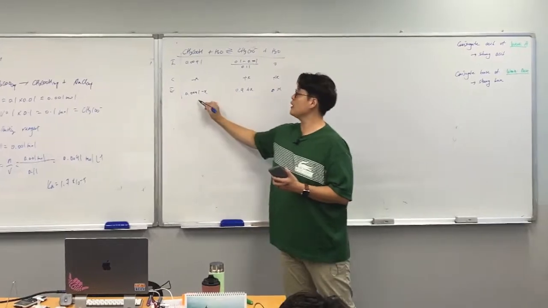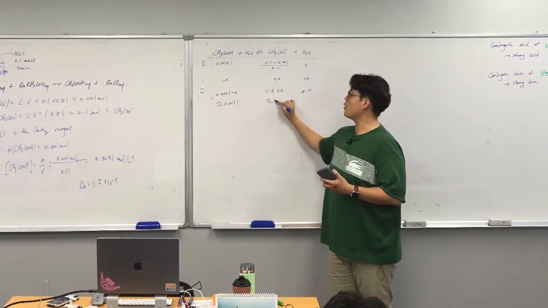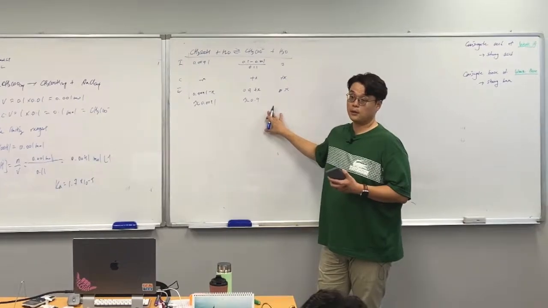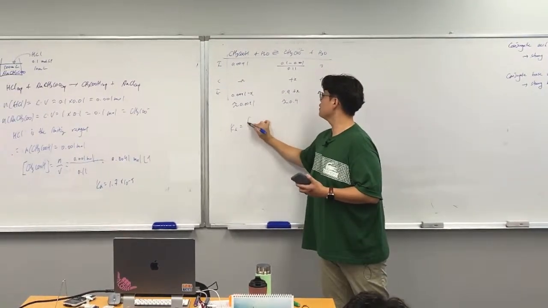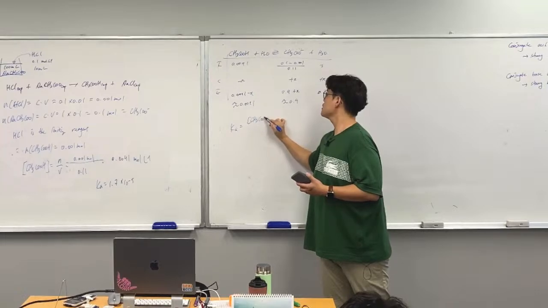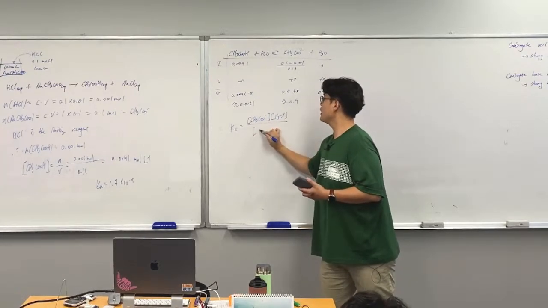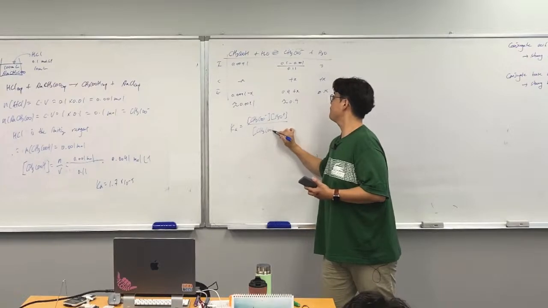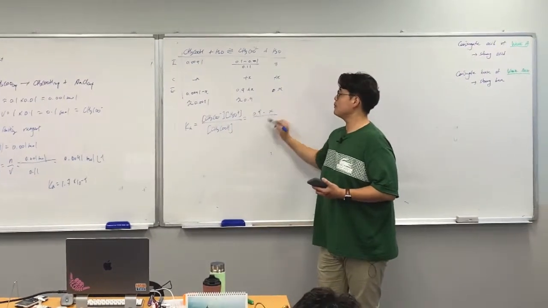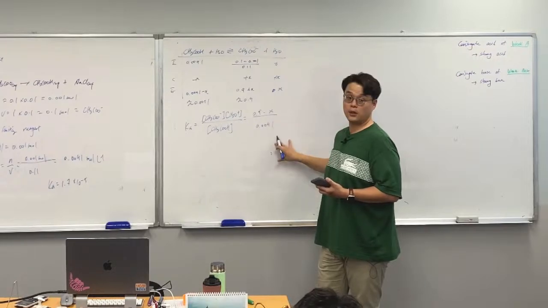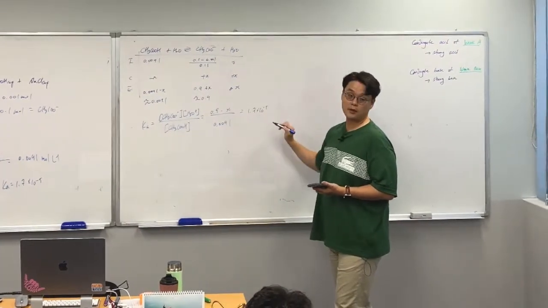Can we just assume that this is approximately 0.0091? Assume this is approximately 0.9 then. Then the Ka expression would be acetate times hydronium ion divided by acetic acid. That is 0.9 times x divided by 0.0091. That's given as 1.7 times 10 to the power minus 5.